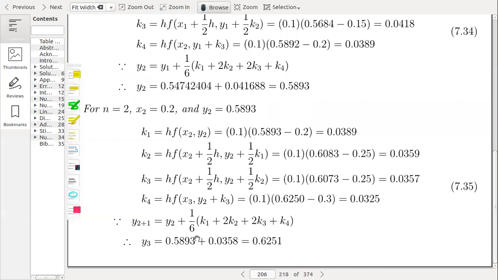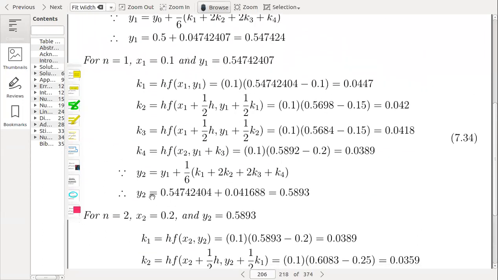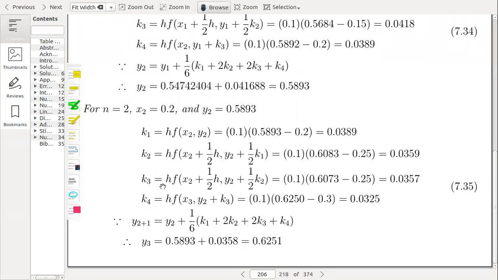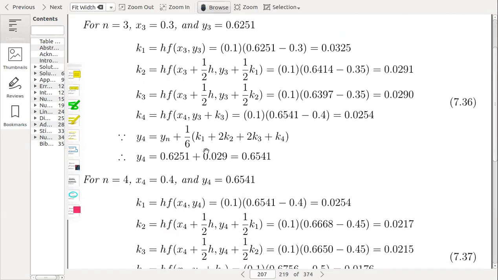And substituting these values in the formula, we will have y2 plus 1, so here it is y3. So y3 is equal to 0.625, and then we will compute y4 by replacing n is equal to 3.